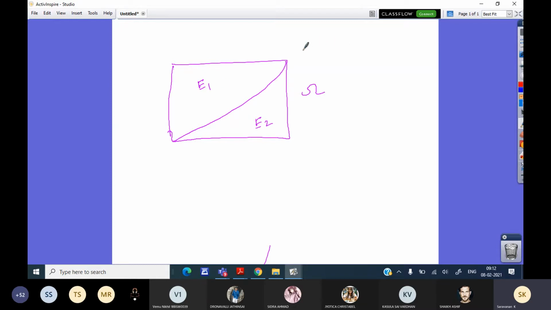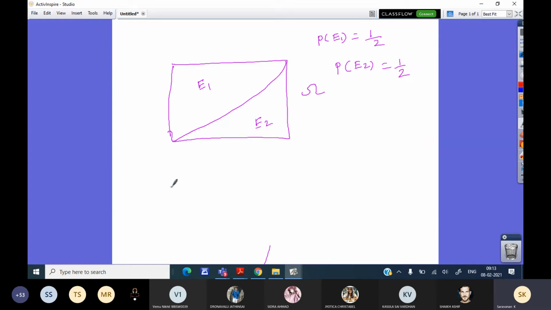Suppose the probability of occurrence of E1, I'm going to take as 1 by 2, and I have only two events, so if I add those two probabilities, I'm always going to get 1.